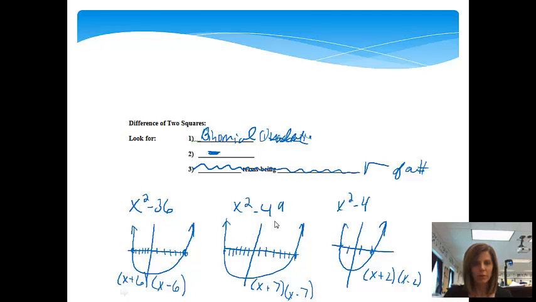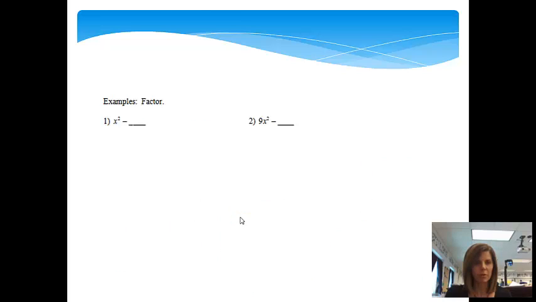The square root of 49 is 7. This factors into x plus 7, x minus 7. When this was 4, the square root of 4 is 2. So we have x plus 2 times x minus 2. So there's definitely a pattern when we have the difference of two squares. And notice in each of these, there was a minus sign, and we could take the square root of each of those numbers. So that's exactly what we're going to be doing when we start factoring.